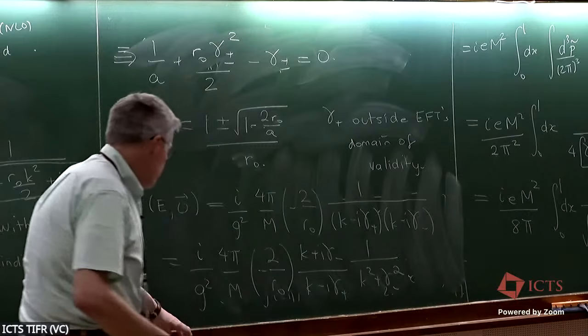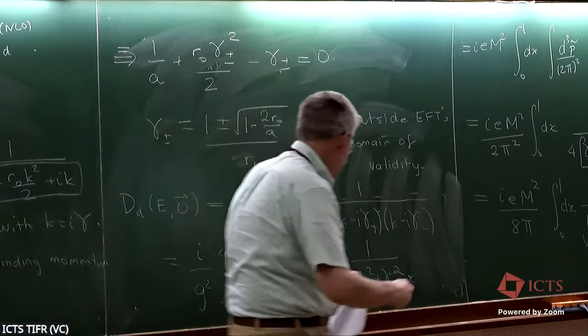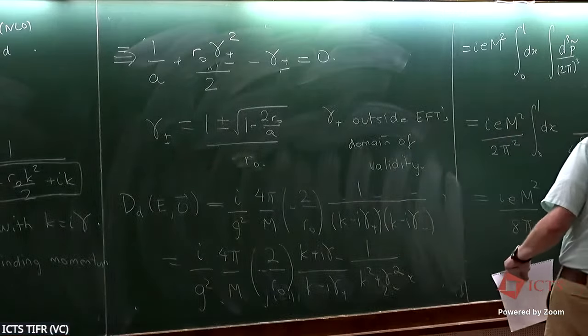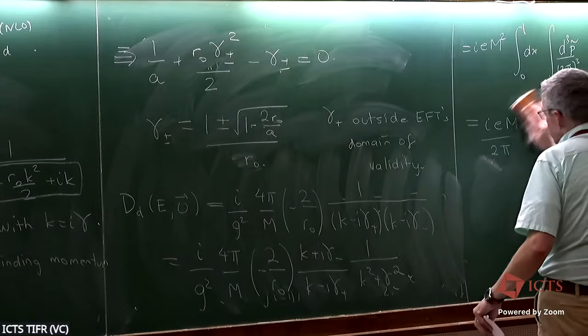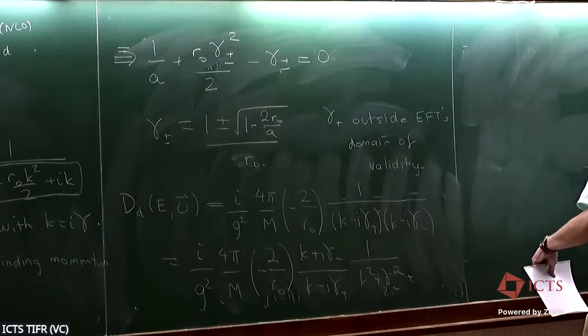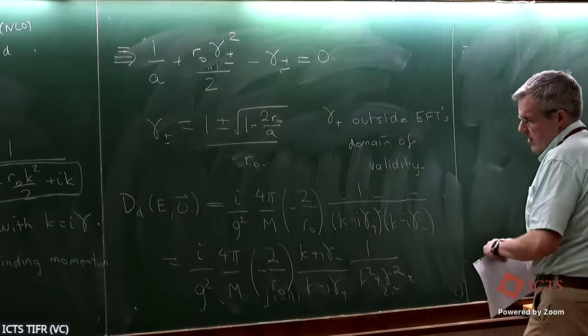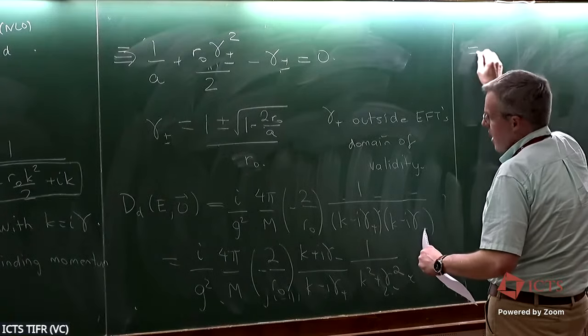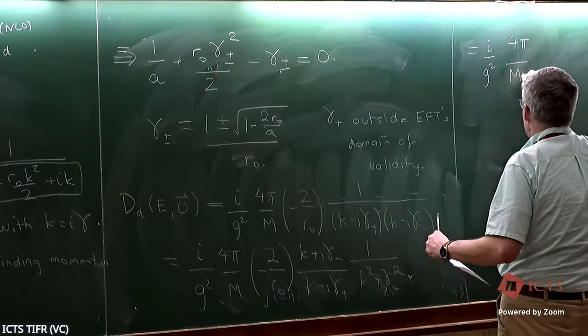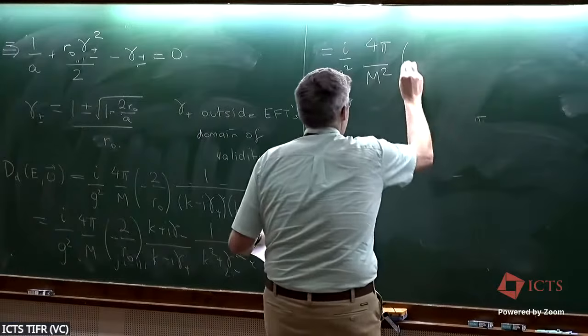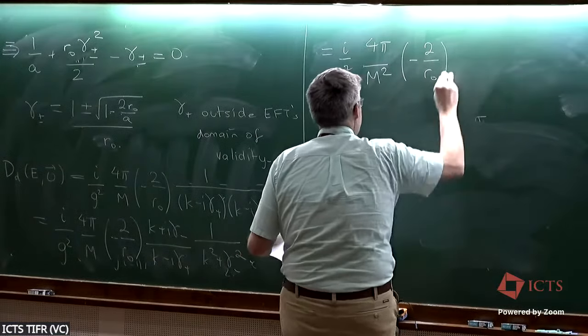Okay, and then hopefully by now you remember that this k squared plus gamma minus squared is what we want, because k squared plus gamma minus squared is, up to a factor of m, E plus B. Now we actually get another m squared here. We still have minus 2 over r0.